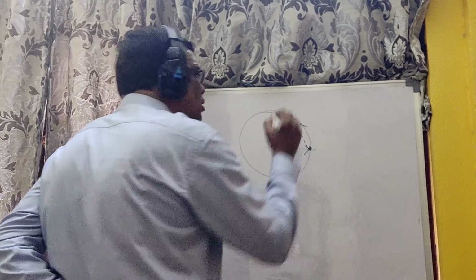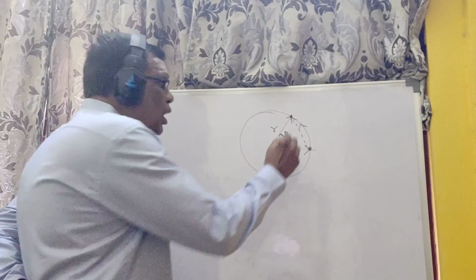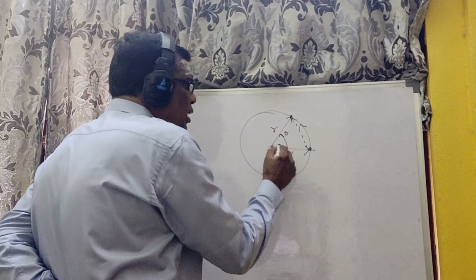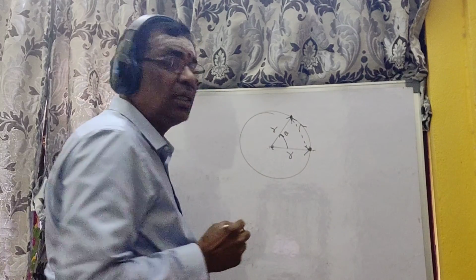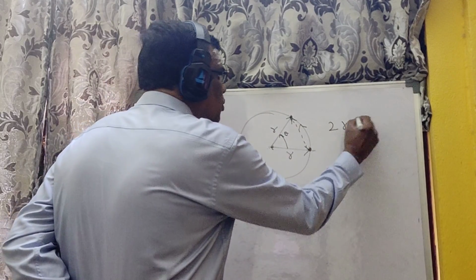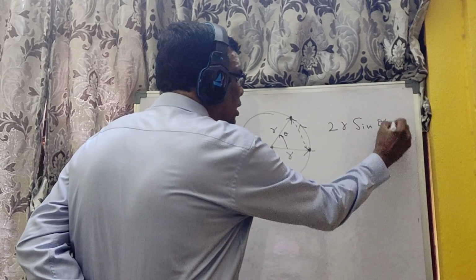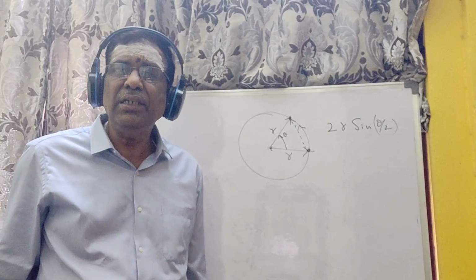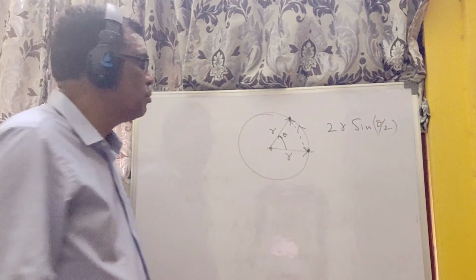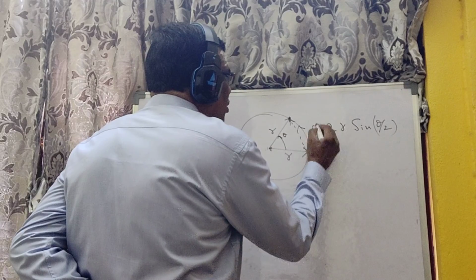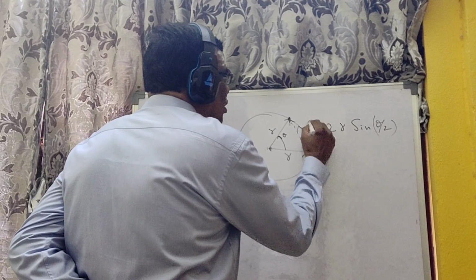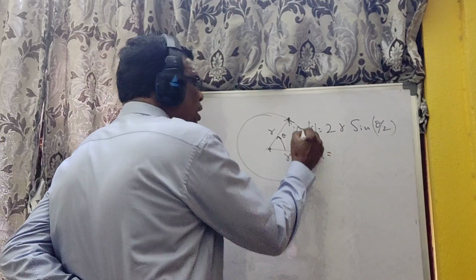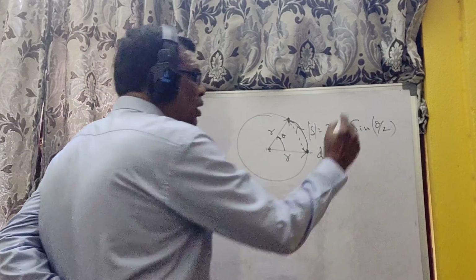Final position minus initial position. How do you get the length of this? This is an isosceles triangle, third side of an isosceles triangle, 2r sine theta by 2. This is the displacement. Now, what is the distance from here till here? R theta.